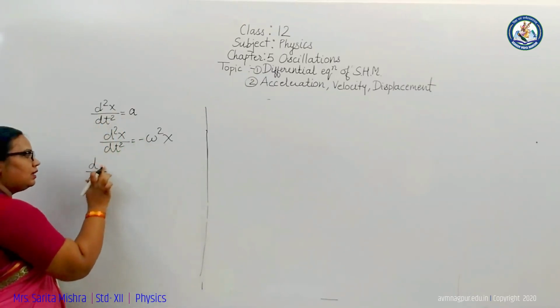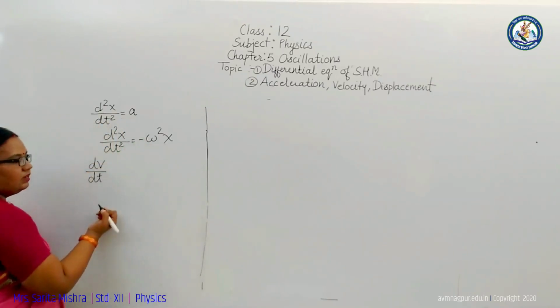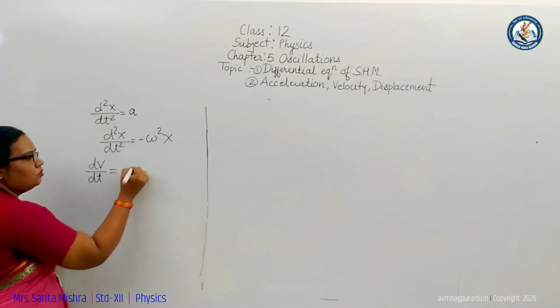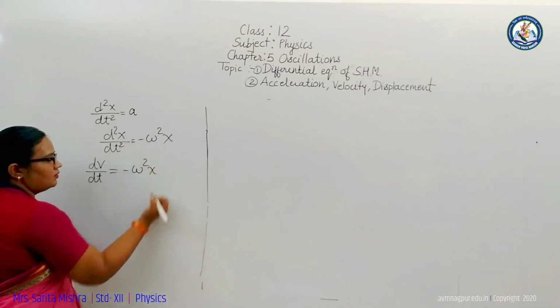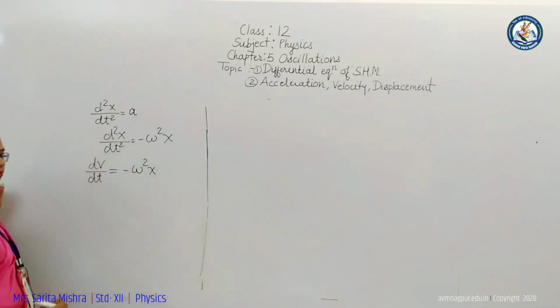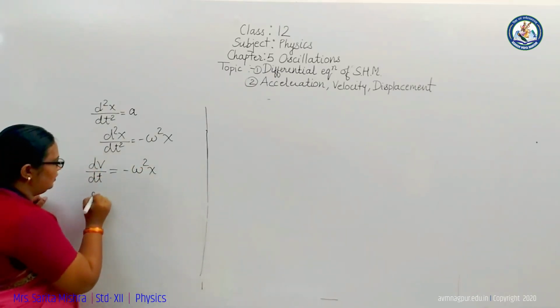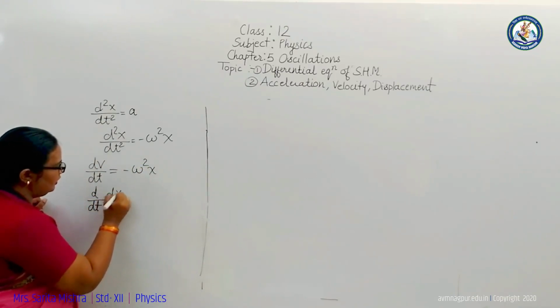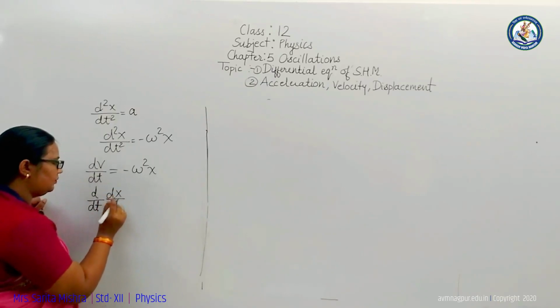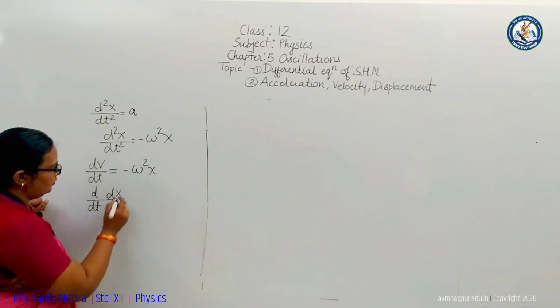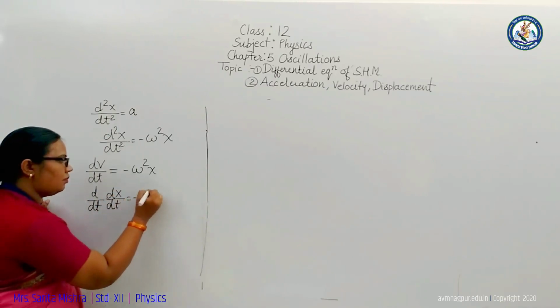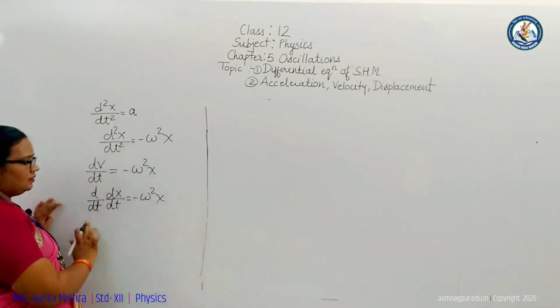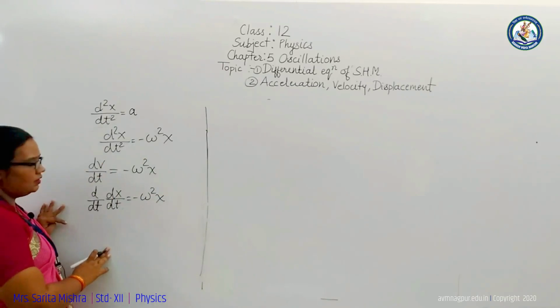So we can write acceleration as dv/dt equals minus omega square x, where v is dx/dt.